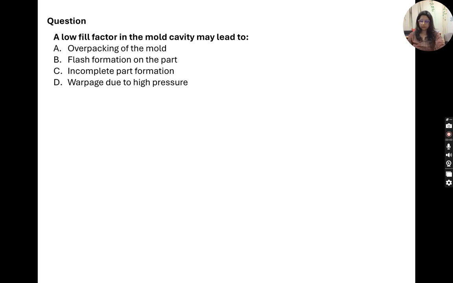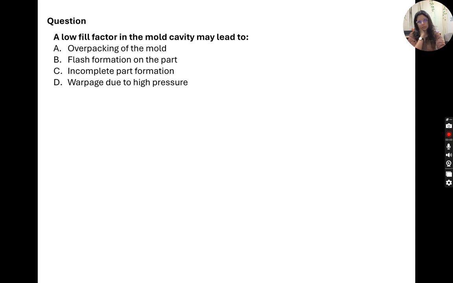Okay. Let us repeat the question and then move forward to the answer. It is asking about a low fill factor in the mold cavity, which can lead to overpacking, flash formation, incomplete part formation, or warpage due to high pressure.